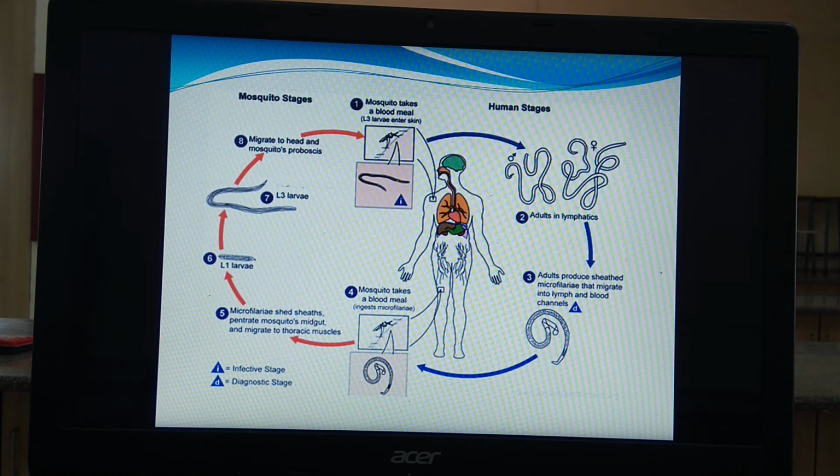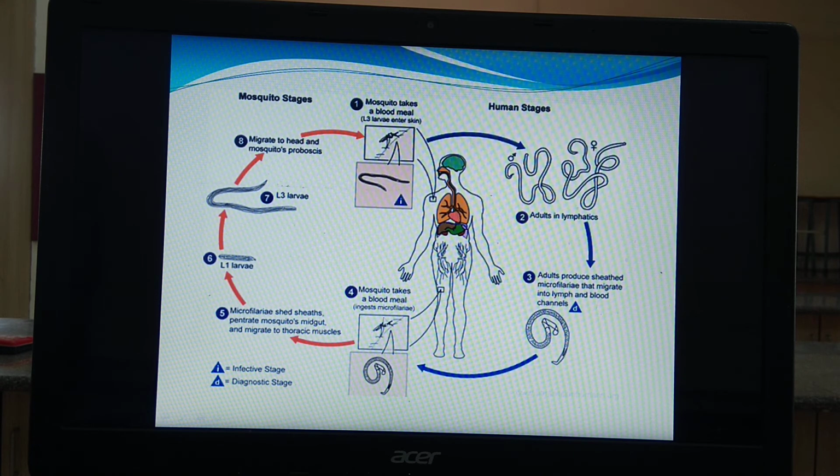Now you can see in front of you a diagram which shows the life cycle of Wuchereria bancrofti. From where do we start this cycle? Again we will see here this mosquito taking a blood meal from the infected person. When this mosquito takes a blood meal from this infected person, it ingests microfilariae.